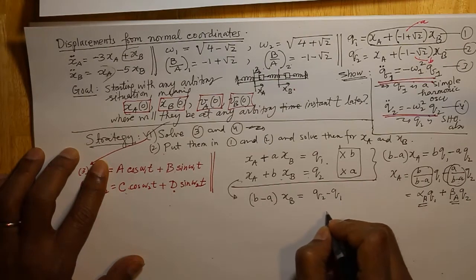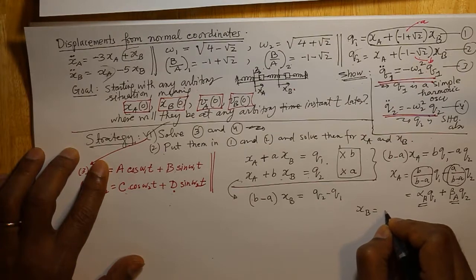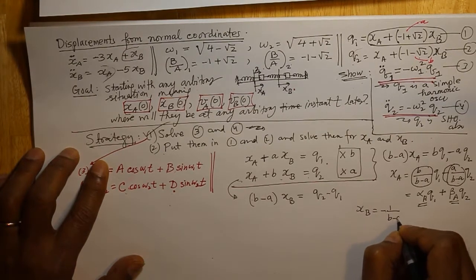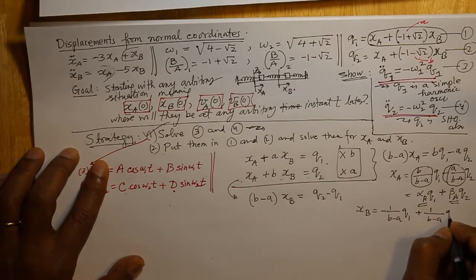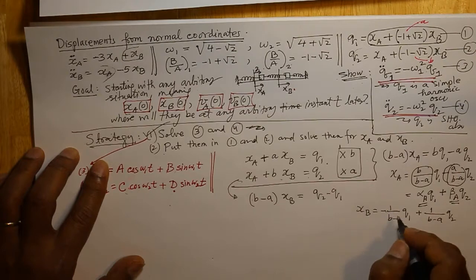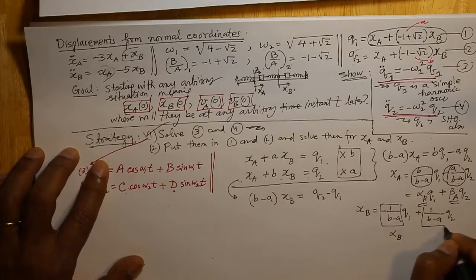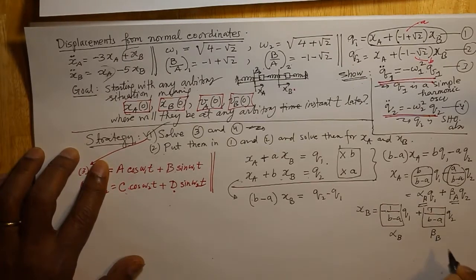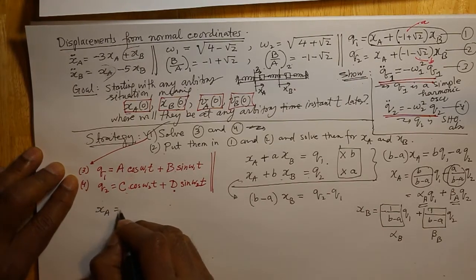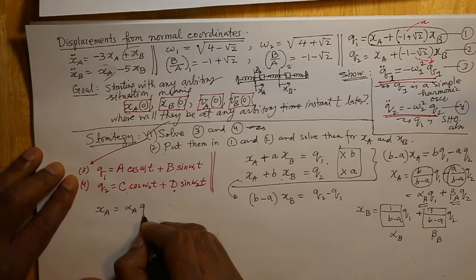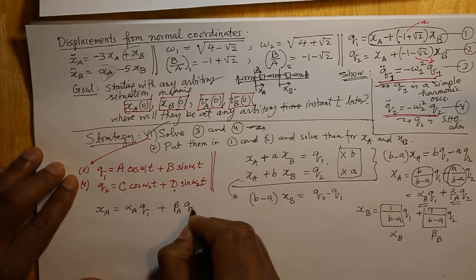So xb is going to be minus 1 over (b minus a) q1 plus 1 over (b minus a) q2, and we can call these alpha_b and beta_b. So we got xa is alpha_a q1 plus beta_a q2.